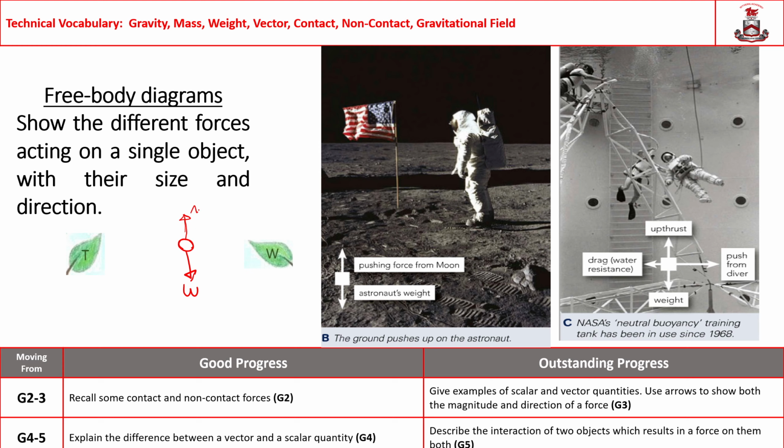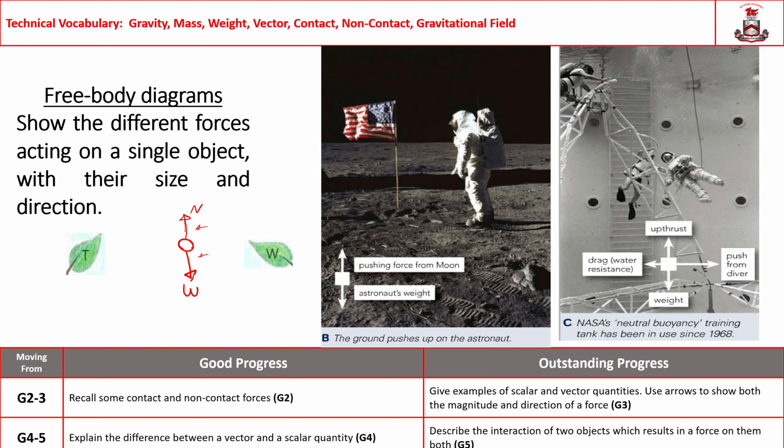So I'm going to put N. Now, when you look at a free body diagram, in this case, because this person is stood still, they are not moving, this force here and this force here will be equal and opposite in direction. Now that is a free body diagram.